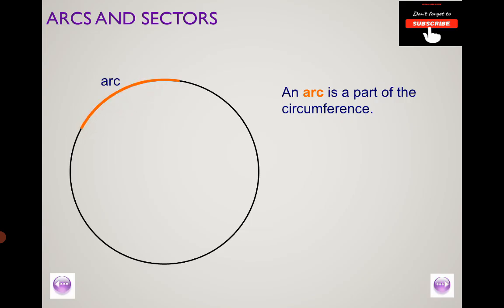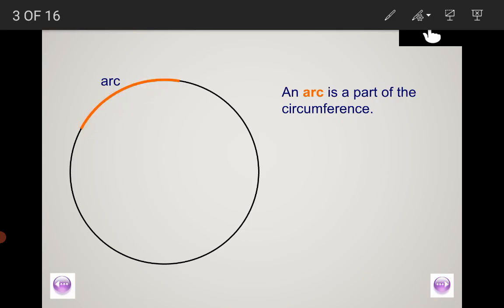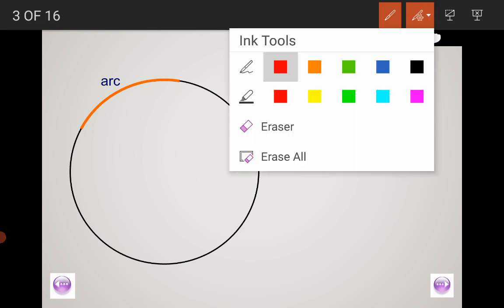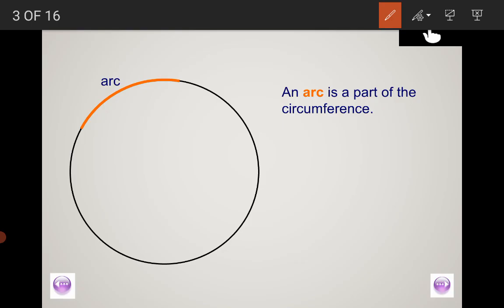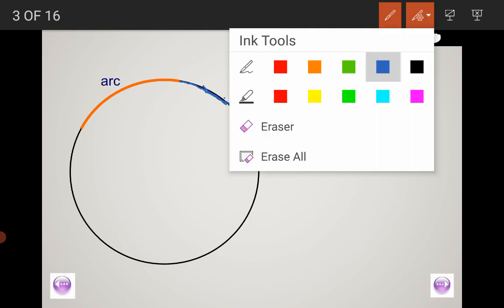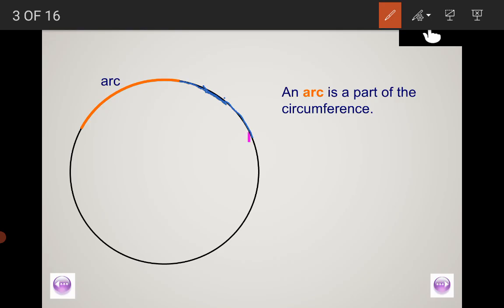But you can also have other arcs. For example, if we select this part here, this one would also form another arc. We can also have another arc at another portion, like this one here.